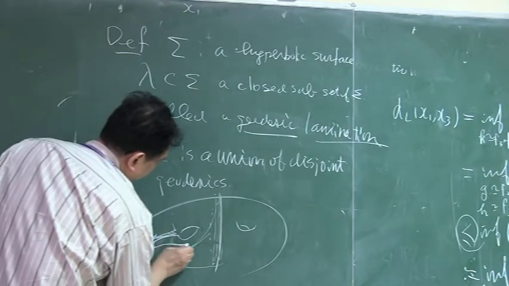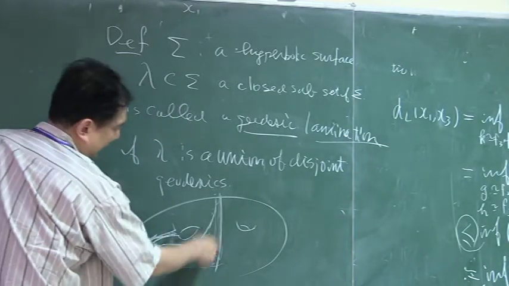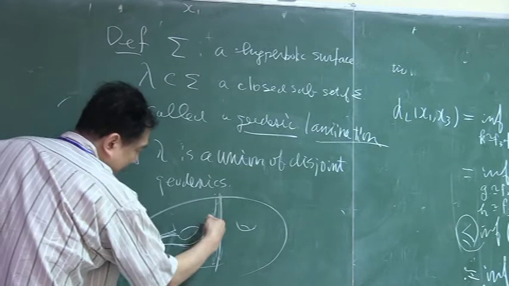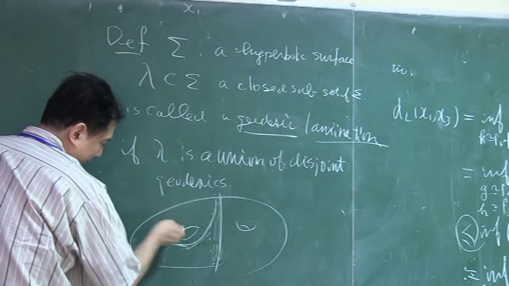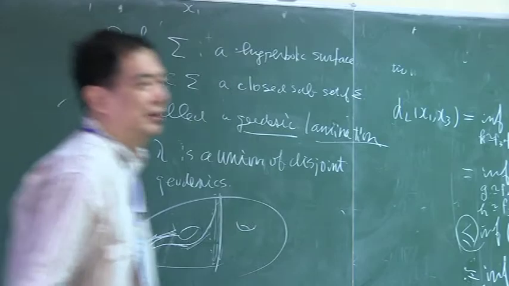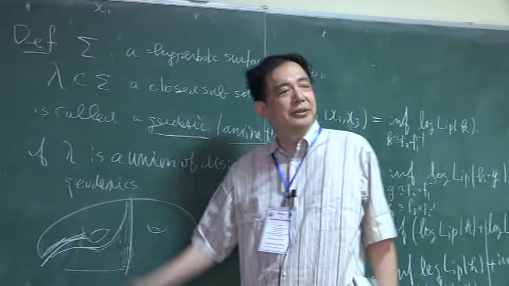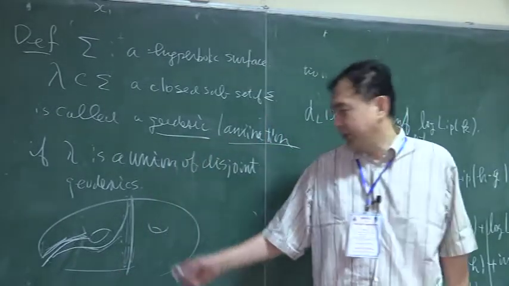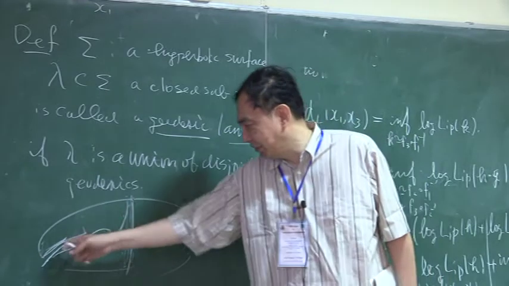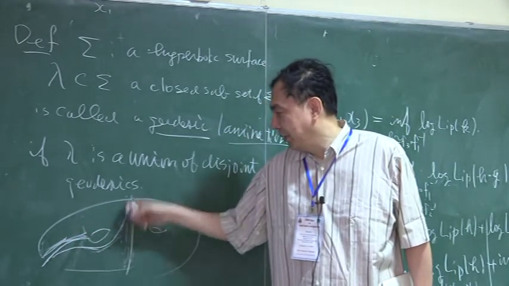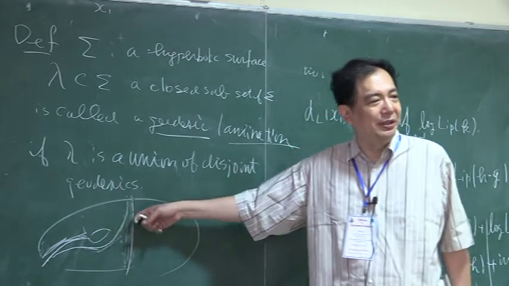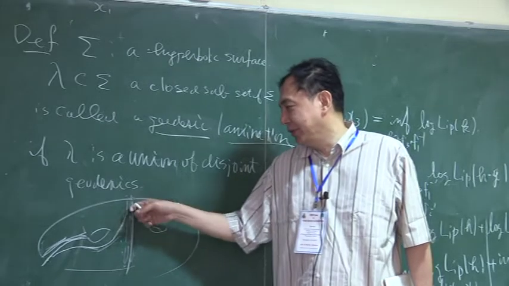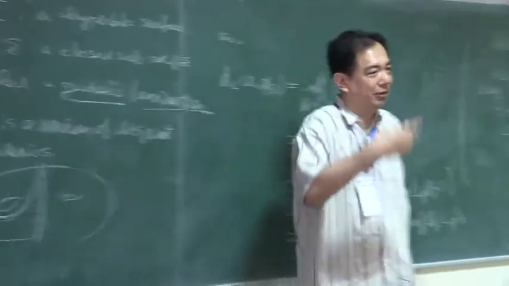So this one spirals around this closed geodesic from this side, and spirals around this closed geodesic from that side. The union of these three geodesics is a closed set, because every point lying on the spiraling one should converge, after passing to a subsequence, to a point on the closed geodesic.